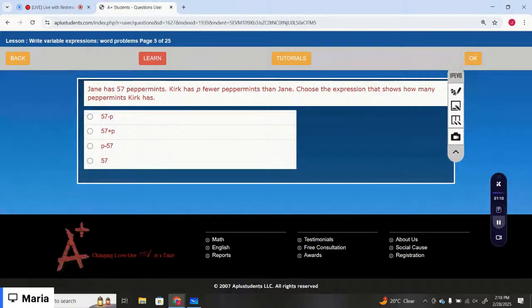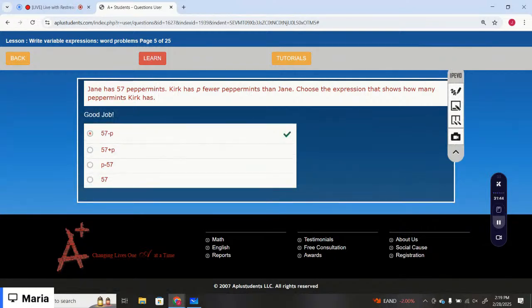Jane has 57 peppermints. Kirk has p fewer peppermints than Jane. Choose the expression that shows how many peppermints Kirk has. So, which is the correct option? Jane has 57. Kirk has p fewer peppermints than Jane. So, that is 57 minus p. Option number 1 is the correct option.